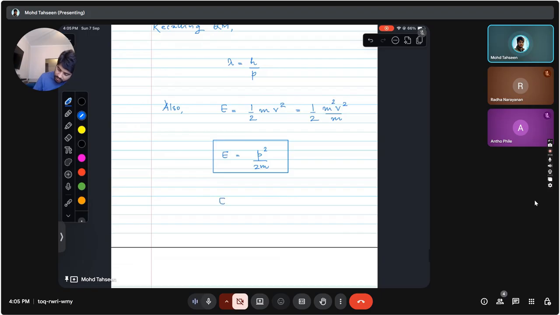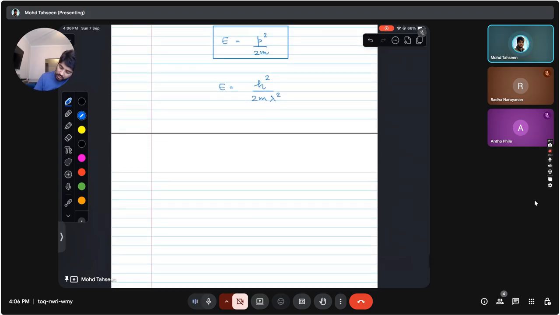Then I can write E is equal to, p can be written as h by lambda, right? So it will be h square divided by 2m lambda square.